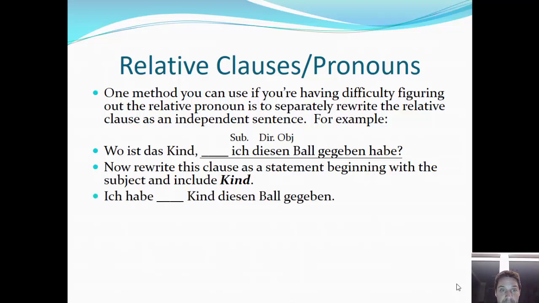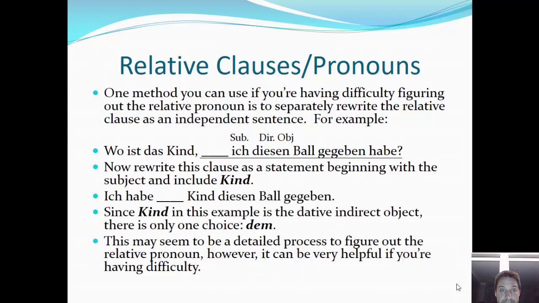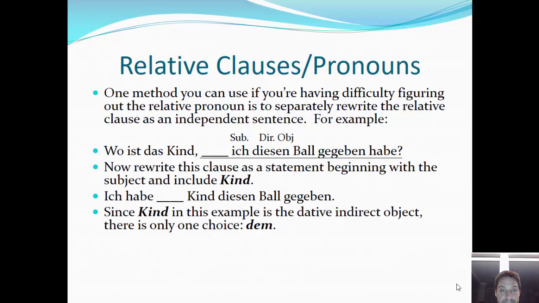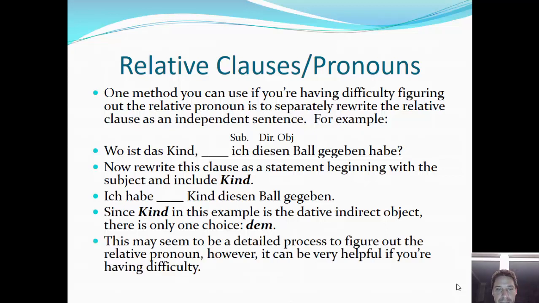If we rewrote that: Ich habe dem Kind diesen Ball gegeben. But notice in the relative clause, we eliminate the word Kind. It's the relative pronoun that takes the place of it. Wo ist das Kind, dem ich diesen Ball gegeben habe?